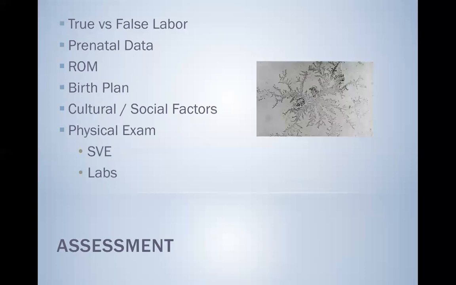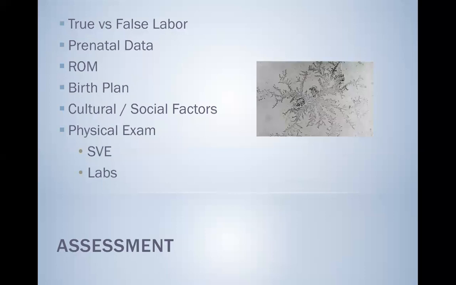And once we let it dry, it looks like this fern right here. It's kind of pretty, huh? And that allows us to determine, okay, yes, there is amniotic fluid because we saw the ferning. What it is, is the crystals within the salt of the amniotic fluid form crystals when it dries. And so that's what we're looking at.